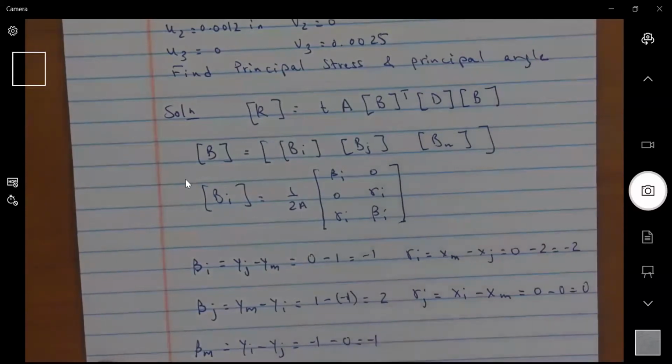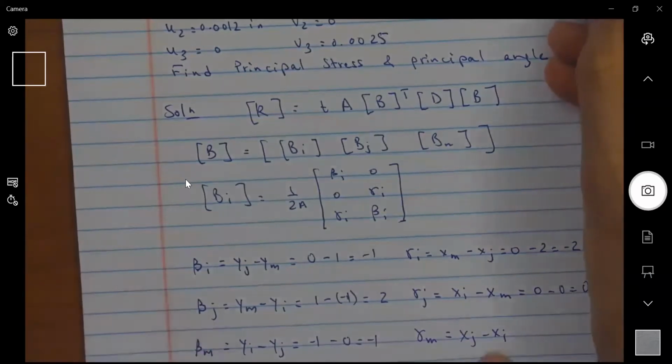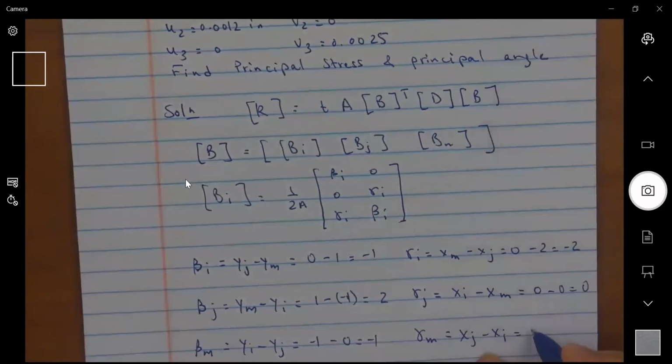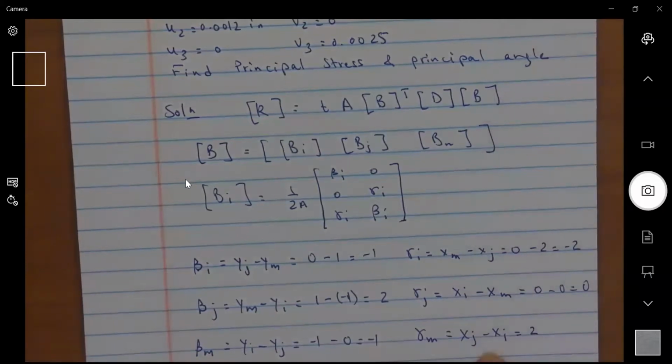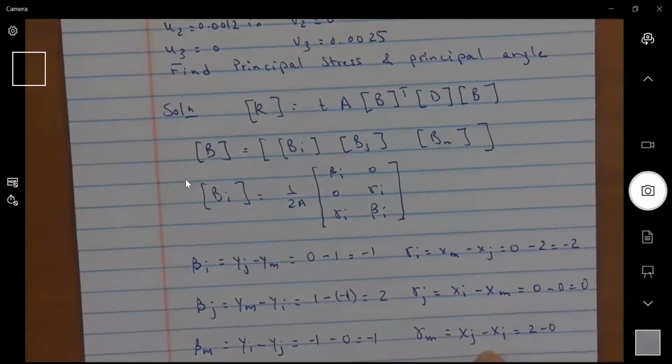So I get a minus 1. And gamma m is xj minus xi, where xj is a 2 minus xi is a 0. So I get a 2.